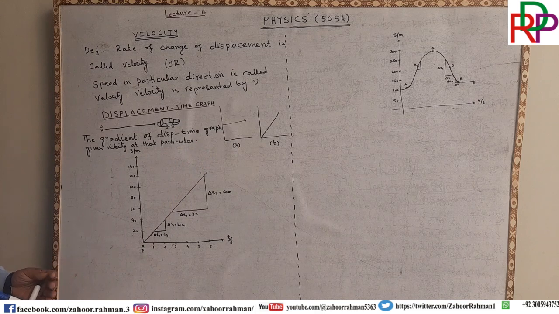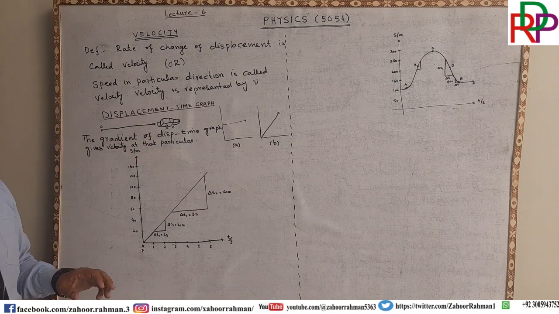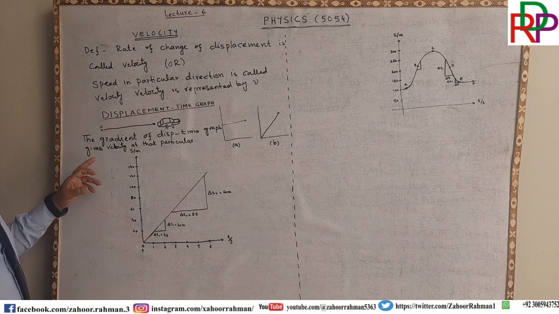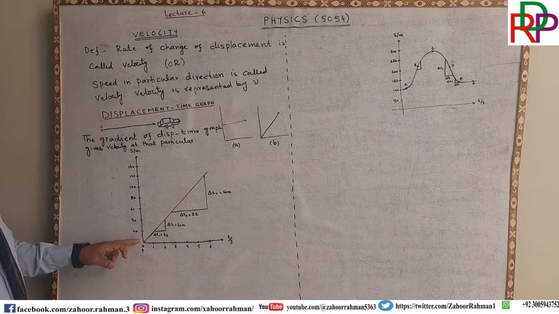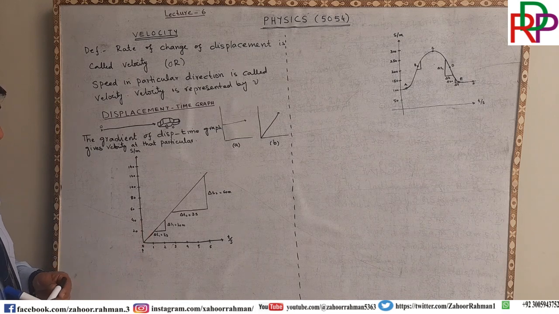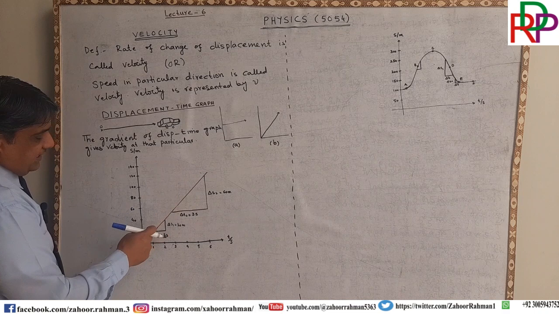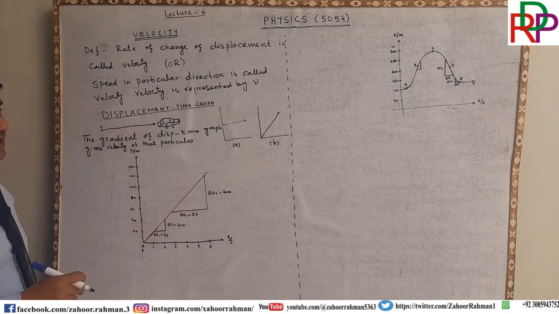Remember that we are going to plot the graph of the motion of the car, which is starting from point O and moving towards the right. This line shows that the car has only positive values.